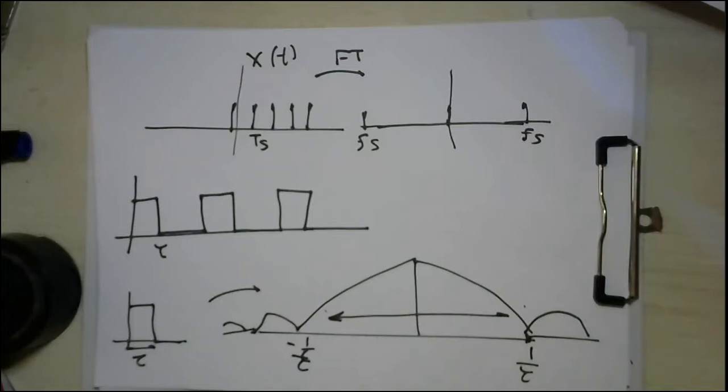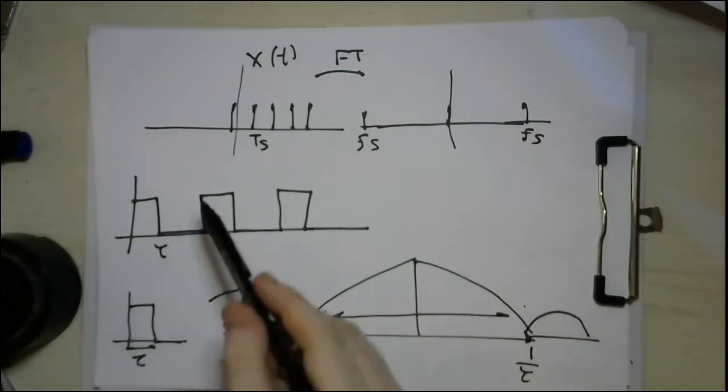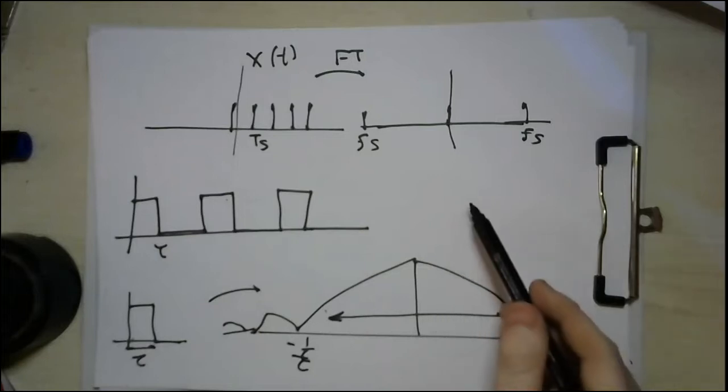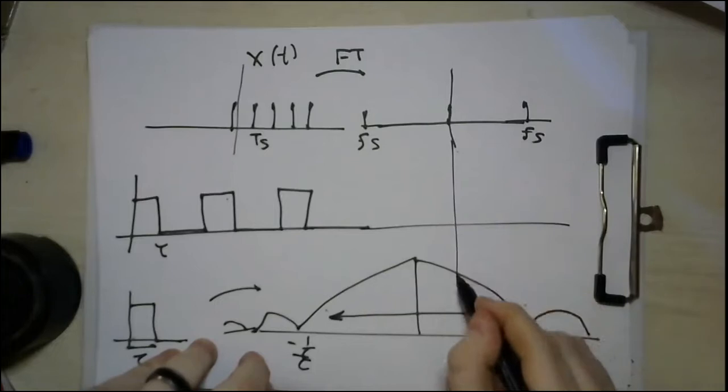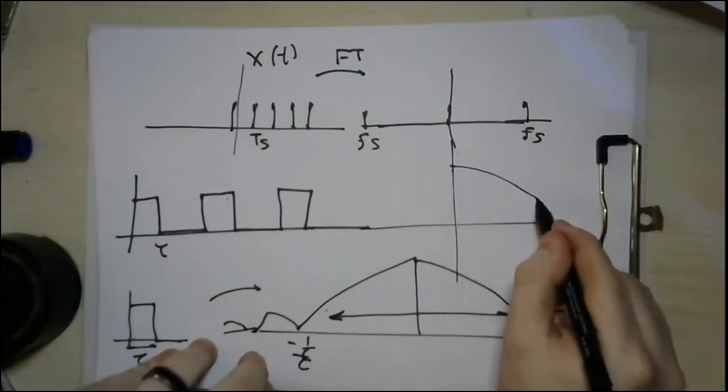Then, what is the next step? Periodicity in one domain causes discreteness in the other domain. So simply the Fourier transform here is like that.